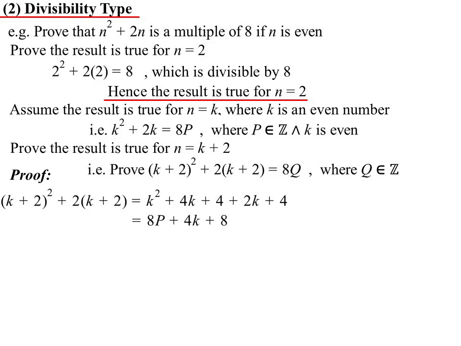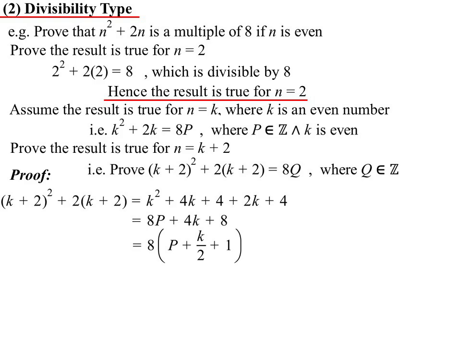I've got to get basically k squared plus 2k in there somehow. So I do have them. Look, I've got the k squared there and the 2k there. So I've got 8p and I'm left with 4k plus 8. I want to show this is divisible by 8, so I pull it out. I've got a problem here, k divided by 2, and that's why the assumption that k is an even number becomes important, because it means k divided by 2 is an integer.